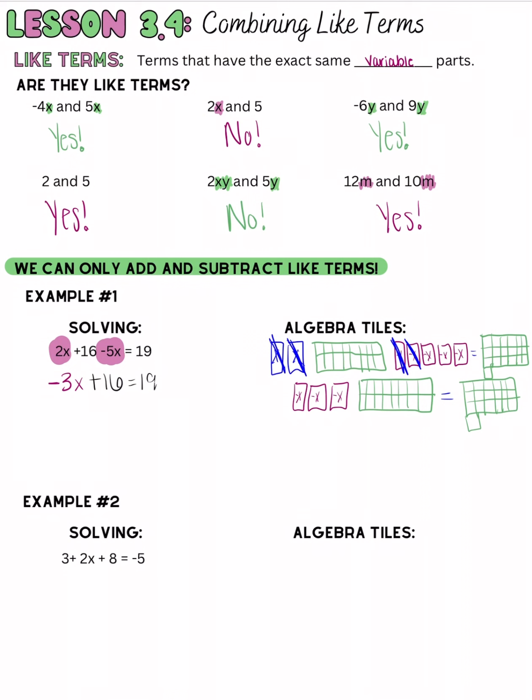So we're going to get rid of the 16. Remember, we do that by doing the opposite. So we're going to subtract 16 on both sides. In the process, I have negative 3x, and 19 minus 16 is 3. On this side, I'm taking out 16, and so these cancel, and then I'm just left with positive 3.